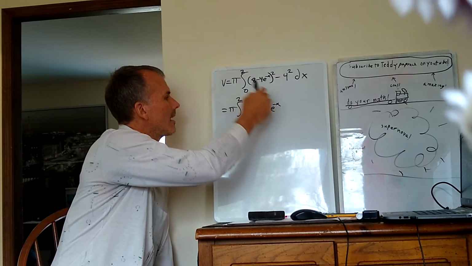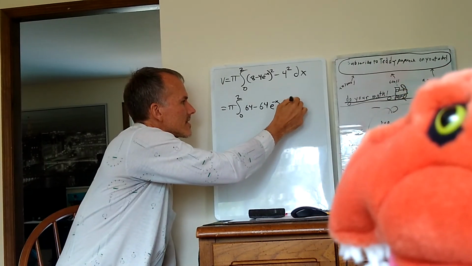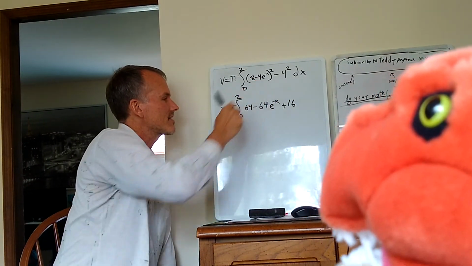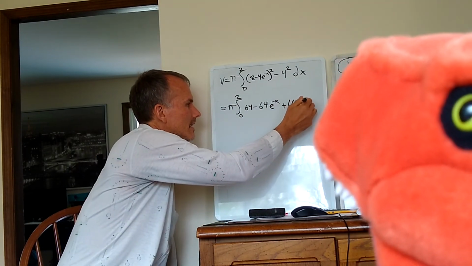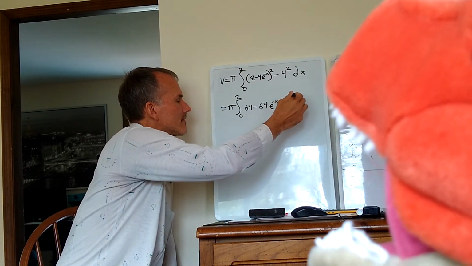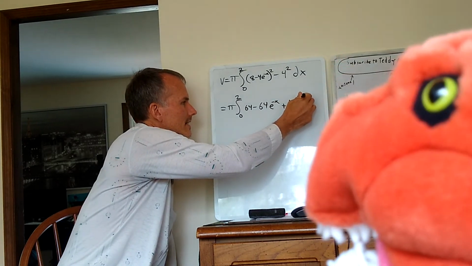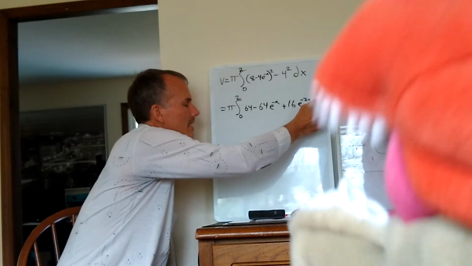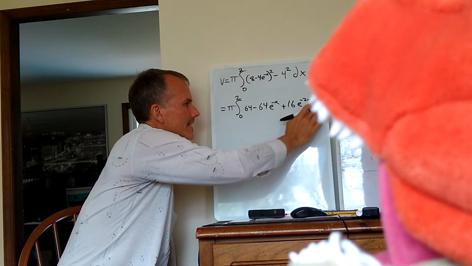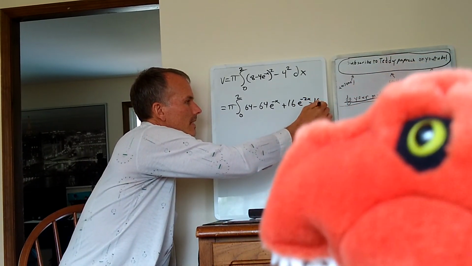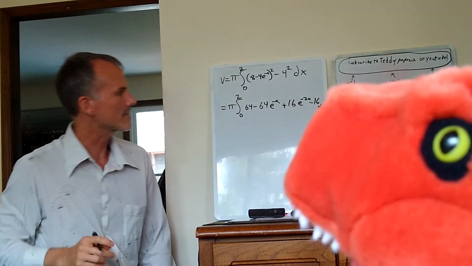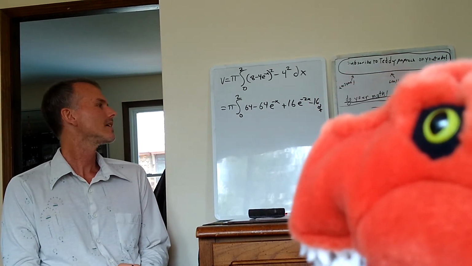And then plus 16, I'm squaring that second term. I'll have to square the e to the negative x as well, so it'll be e to the negative 2x dx. Well, I forgot my minus 16 there.